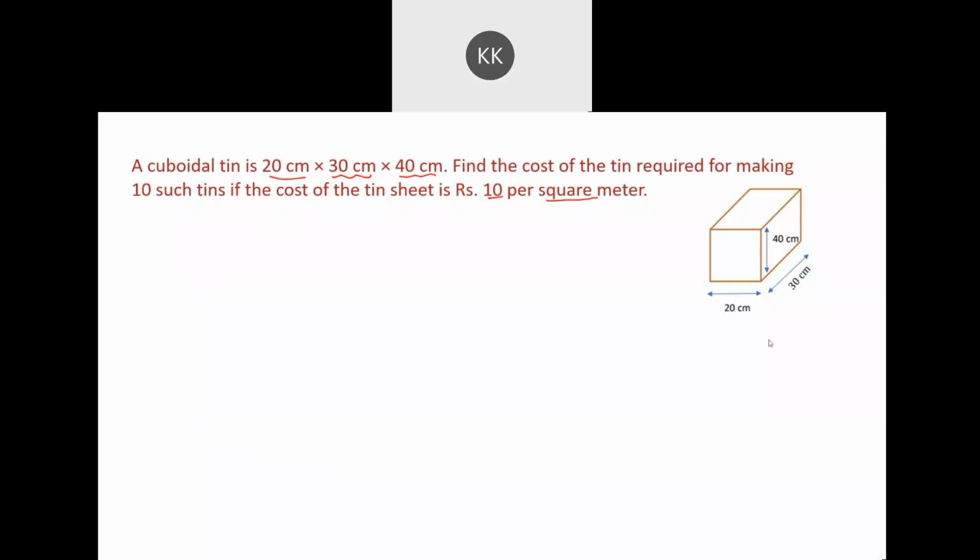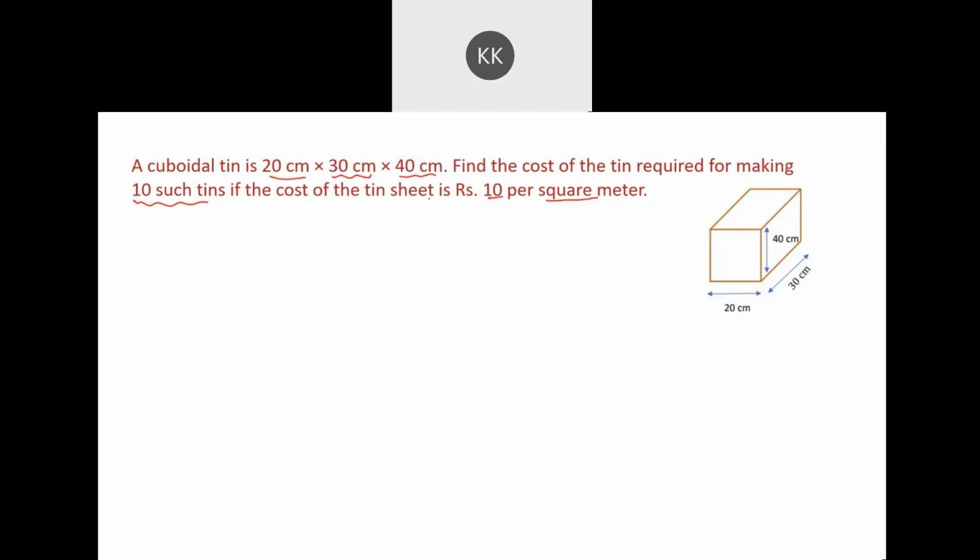So first we need to find the area, then we have to find the cost. Here 10 such tins is given, which means find the area of one and multiply that by 10 times, that gives the total area. Then you have to find the cost.